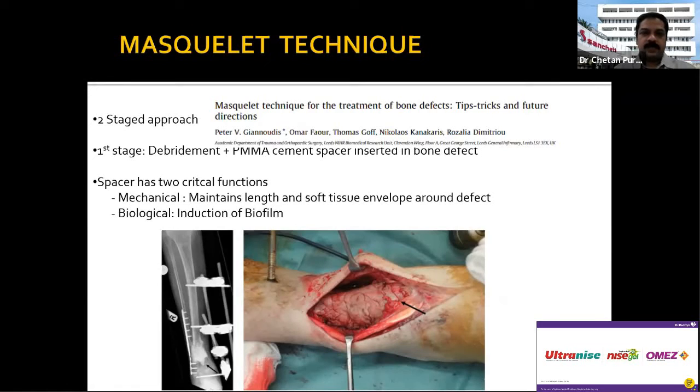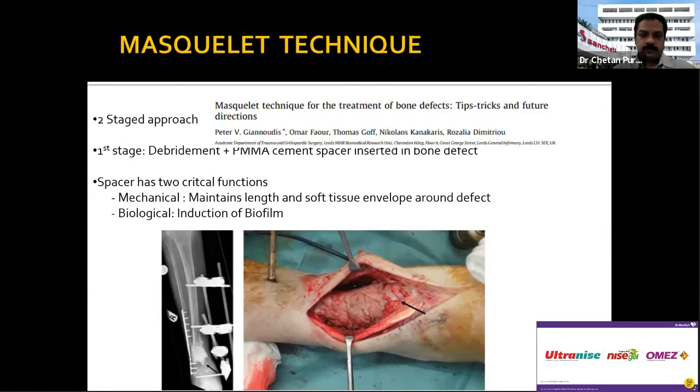It gives mechanical support by filling the defect or the gap between the bone ends, and more importantly, it has a biological effect of formation of a biofilm around the spacer within a duration of about 8 to 12 weeks.